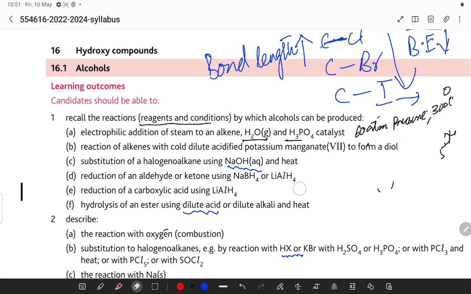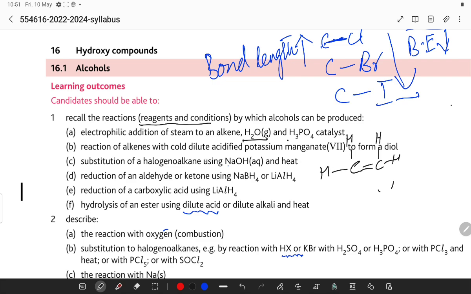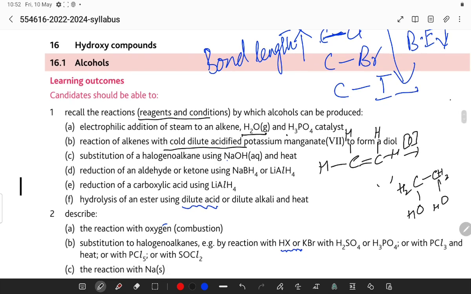So this is the reaction, like cold dilute acidified potassium manganate, C double bond, hydrogen, hydrogen in the presence of cold acidified, to form diol. H2, H2. So this diol is formed.